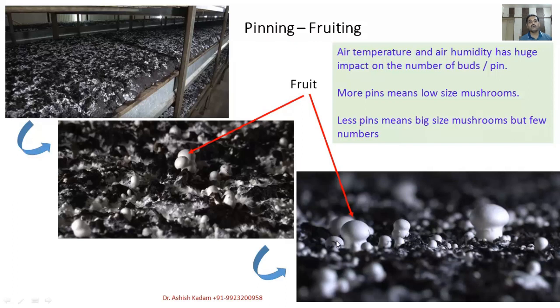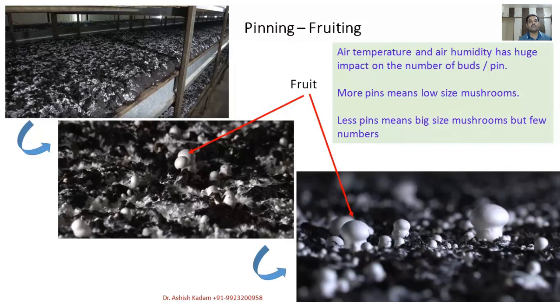So we have to have a balance of the rate of evaporation of water from the compost. There should be proper air temperature, right humidity, right oxygen level, right CO2 level. Only then can you decide the quantity and quality of the pins.